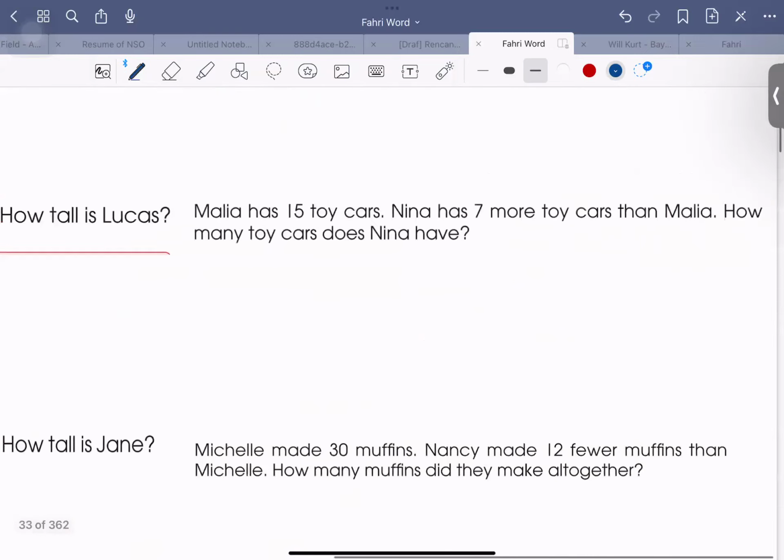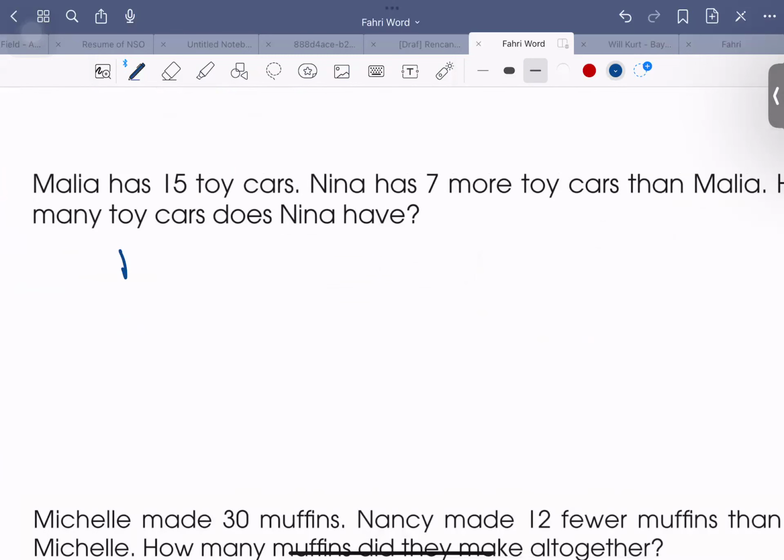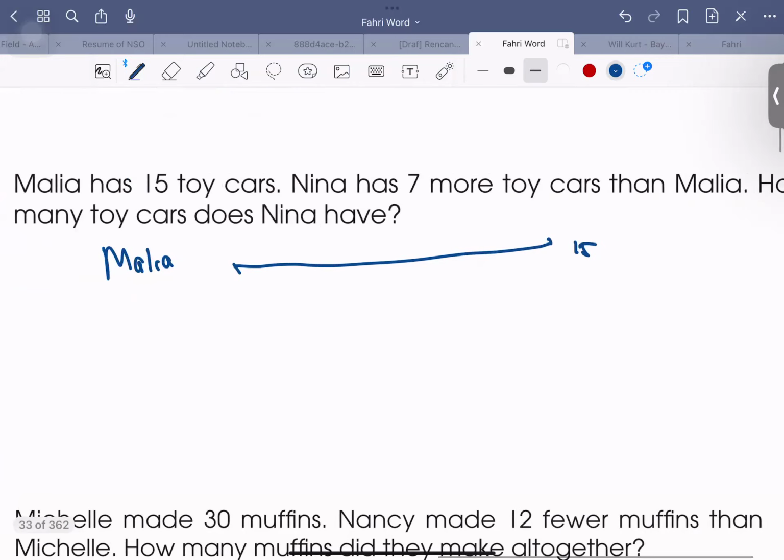Next question. Malia has 15 toy cars. Nina has 7 more toy cars than Malia. How many toy cars does Nina have? 22. Okay.